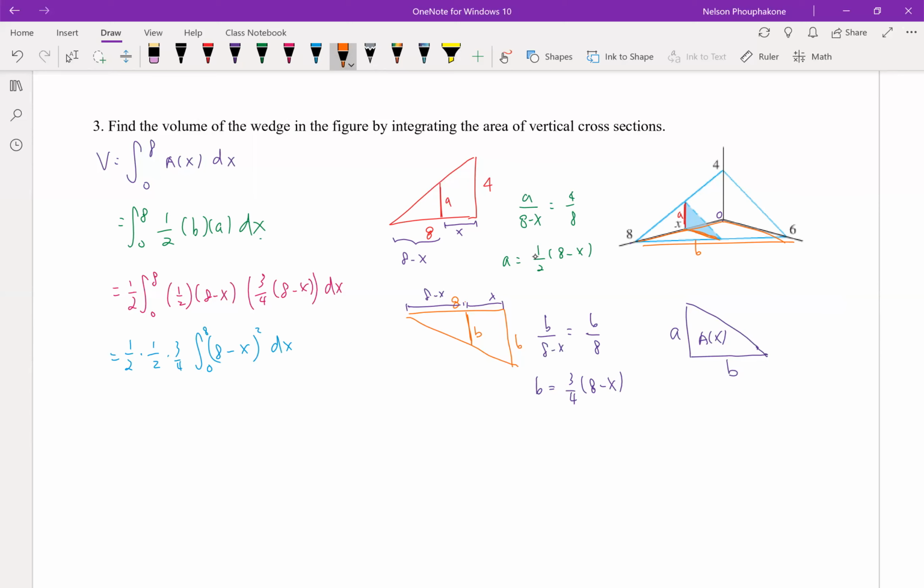Now you know that we don't want to work with the square, so what we have here is 3 over 16, integrated between 0 and 8 of 64 minus 16x plus x squared.